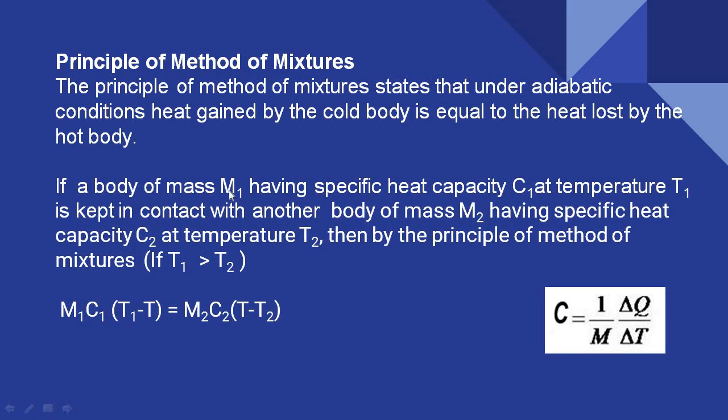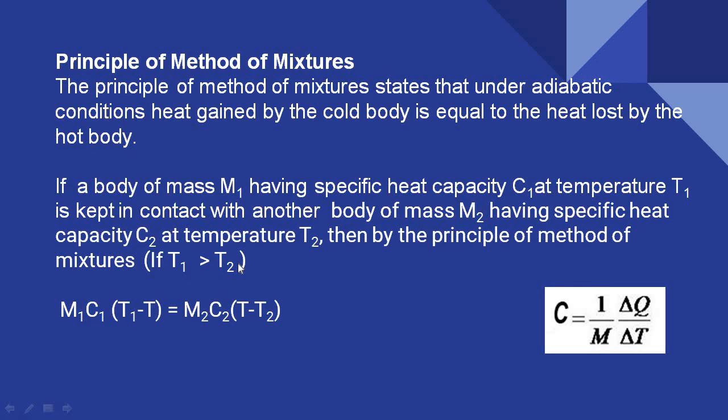Consider a mass M1 having specific heat capacity C1 at a temperature T1 kept in contact with another body of mass M2 having specific heat capacity C2 at a temperature T2. Then by the principle of method of mixtures, we are also assuming that temperature T1 is greater than T2.